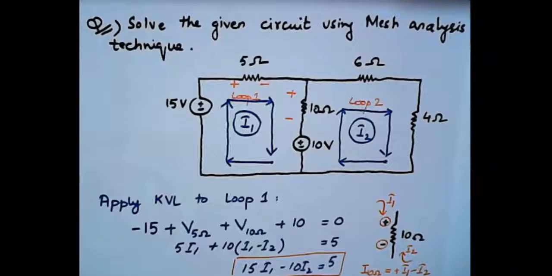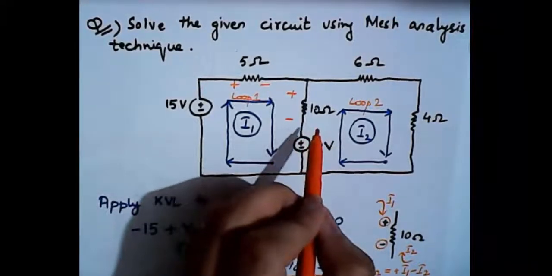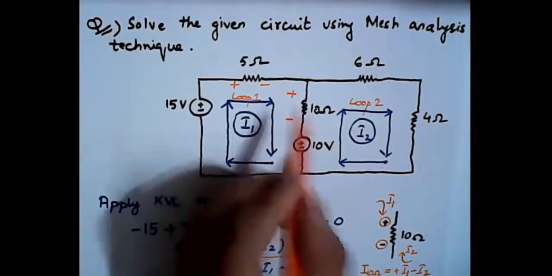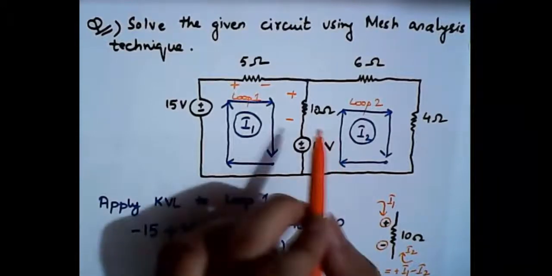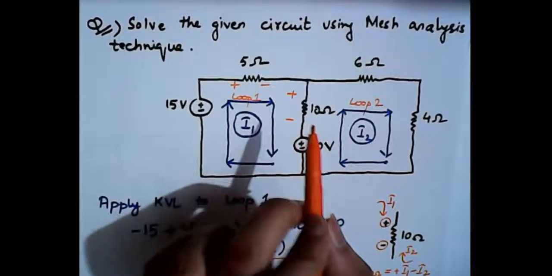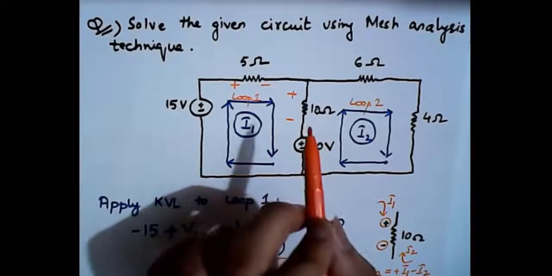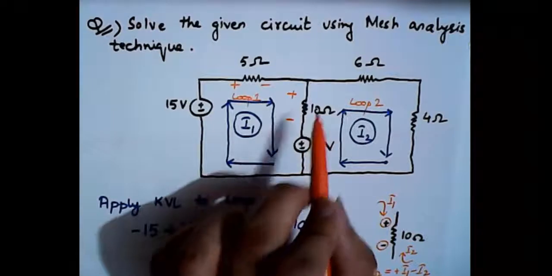Here we can see that the voltage source of course has its polarity marked, but the 10 ohm resistance already has its polarity marked. We cannot change this polarity. Its polarity will remain the same. Understand? We cannot change the polarity of this 10 ohm resistance.